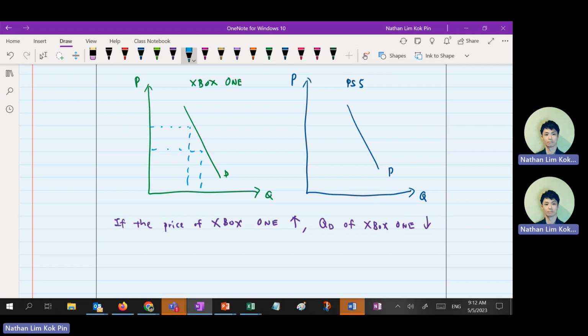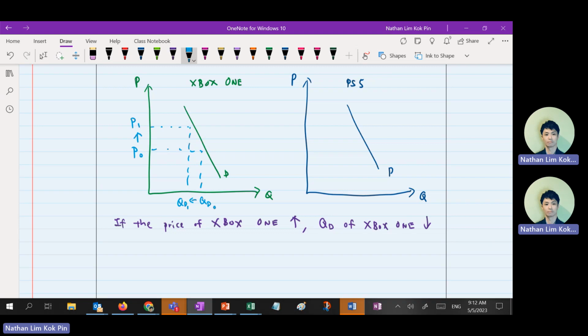I need to show the price of Xbox One increases using the dotted line, P0 to P1. At the same time, the quantity demanded QD0 will decrease to QD1.